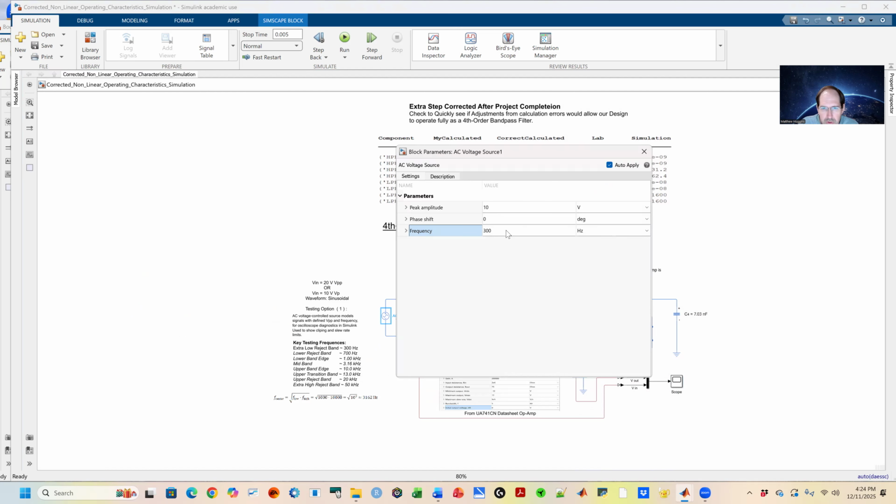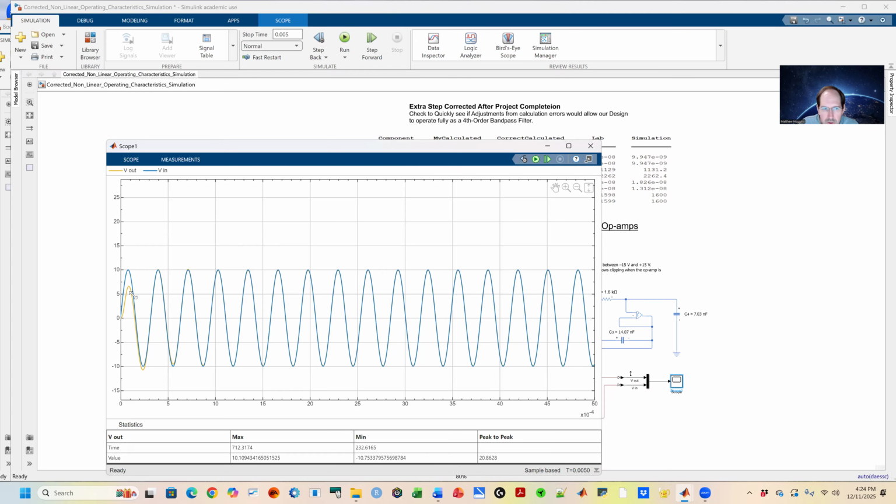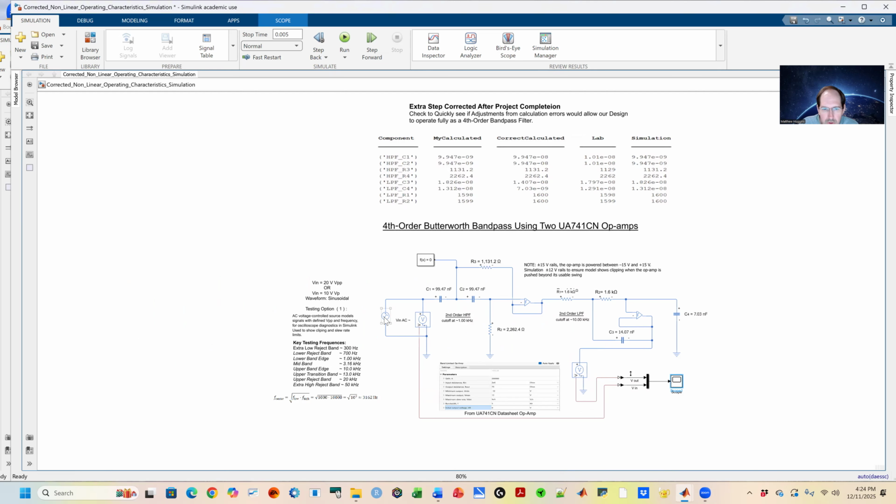And we're going to go to 3.16 kilohertz, and we're going to see that it is going to be in unity. See, it's in unity, so it's having maximum gain of 1, which means it's passing that, which is calculated right here.